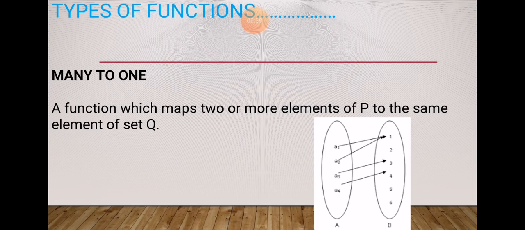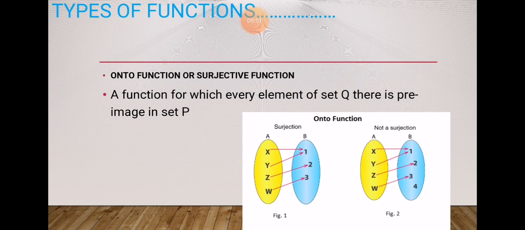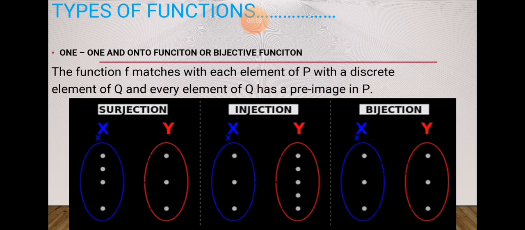In many-to-one we observed that two images of x can be associated with one image of y, but some image of y can be left behind. And a one-to-one function is a type of function in which no image from x and y should be left behind.